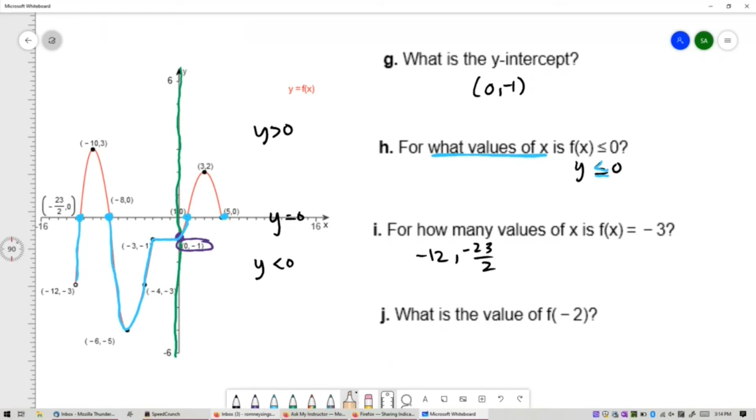The endpoint here has an open circle, so we would not include that, and that would use a parenthesis to not include it in the set. However, the other end is on the x-axis, and it is a filled-in circle, so we want to include it. I'm writing in the wrong spot. Sorry about that. -12 to -23/2.